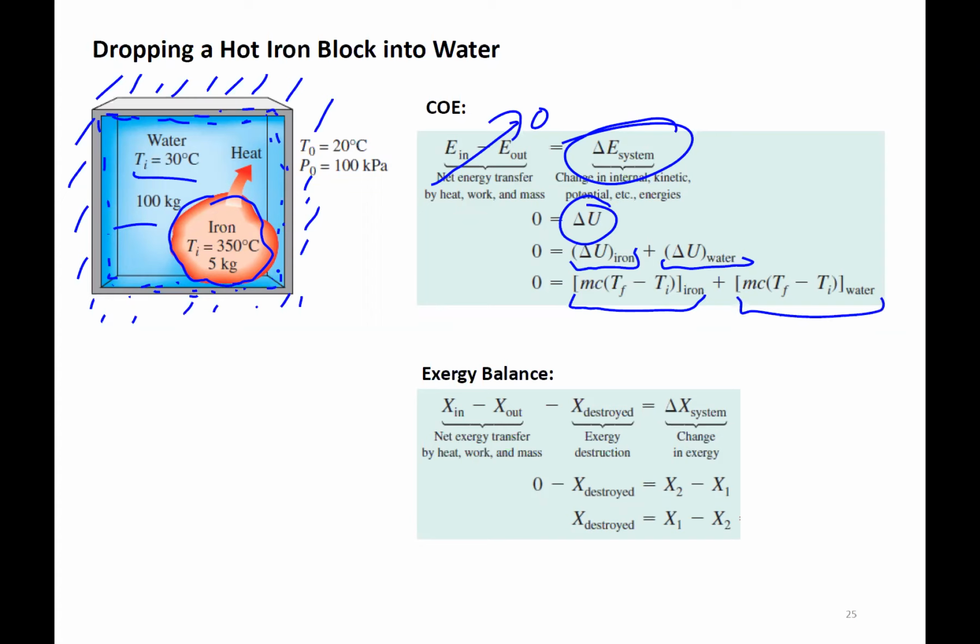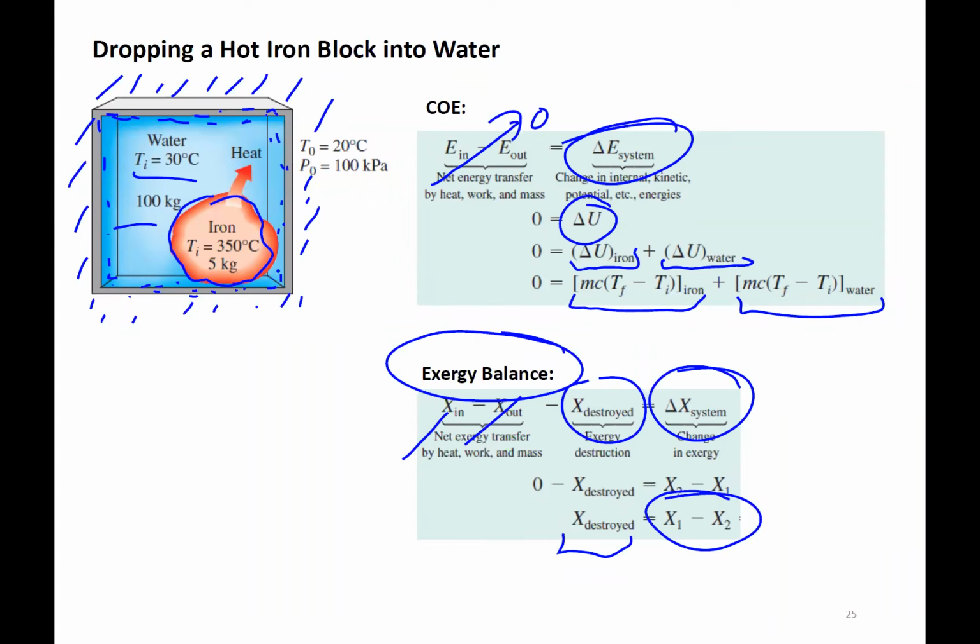Now, if we did the exergy balance for dropping this iron block in the water, again, closed system, boundary around the whole thing, there's no heat and work crossing our boundary, so there's no exergy going in and out. We still have X destroyed, we still have exergy change inside our system. So we would just have X destroyed as a change in the non-flow exergy inside our system.